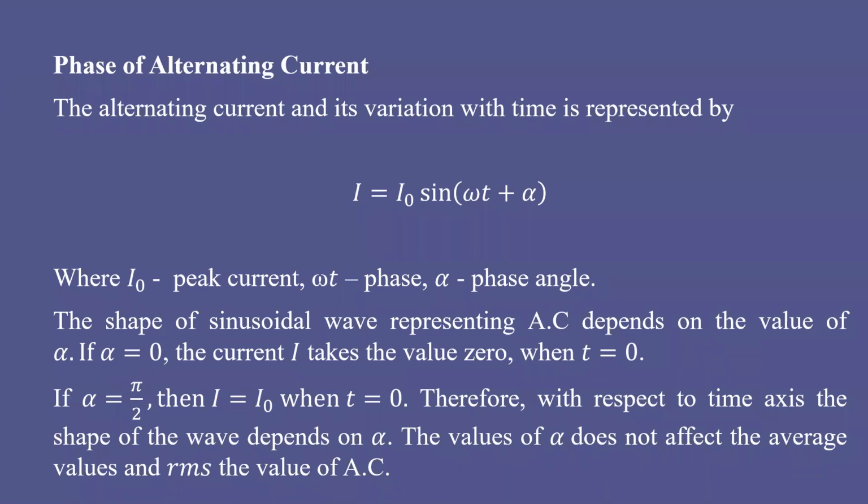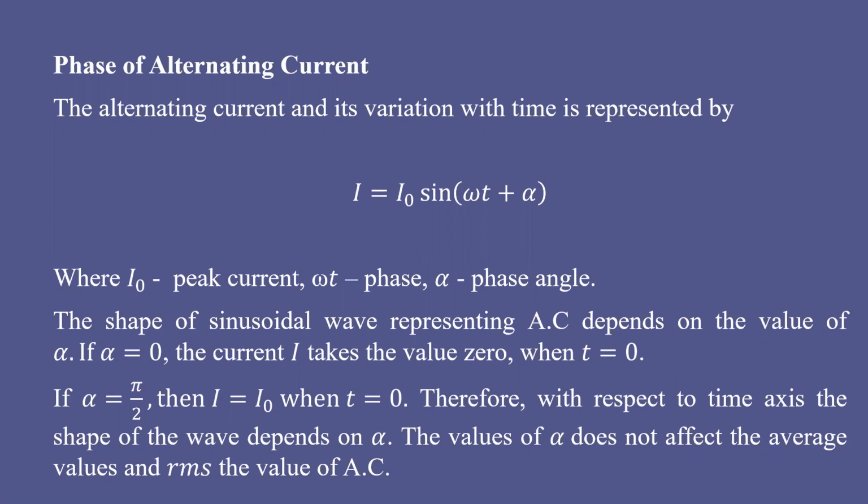If you want to compare two alternating currents at a certain time, whether both alternating current waves are exactly matching or there is a mismatch, that can be understood by the value of alpha. If two AC signals have the same value of alpha, then definitely they will perfectly match with one another.